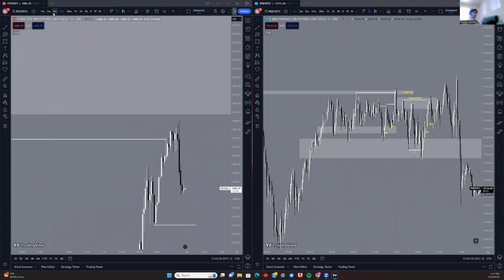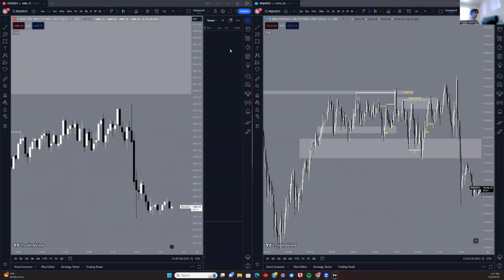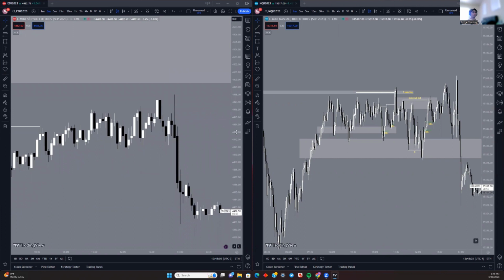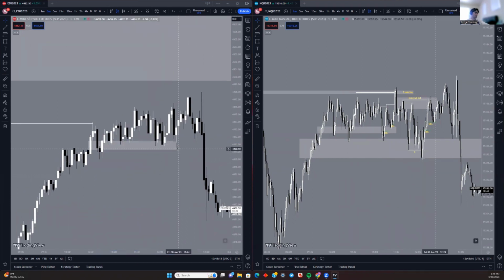Cool. Taking a look on the ES chart, pretty similar, using this as another conviction bias. So this 3-minute FVG is something I was looking at today, right? You can see how well it holds here.